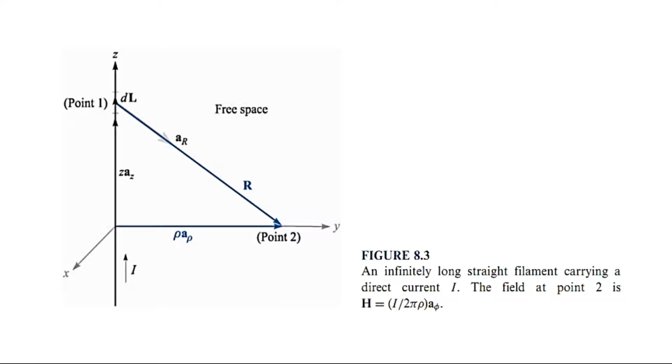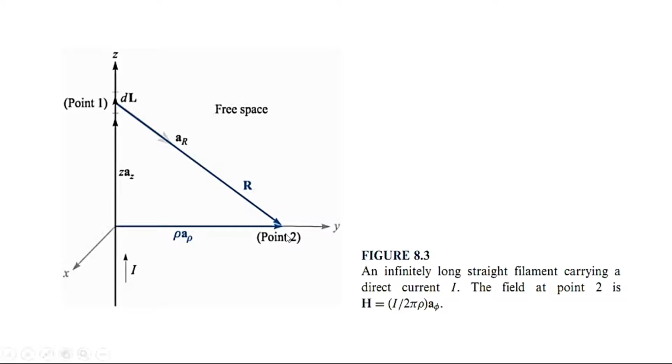So if we take the cross product, it will be equal to I dl cross a R divided by 4 pi R squared, because the magnetic field intensity is inversely proportional to the square of the distance from the differential length to the point at which the field is desired. We have already discussed these things.